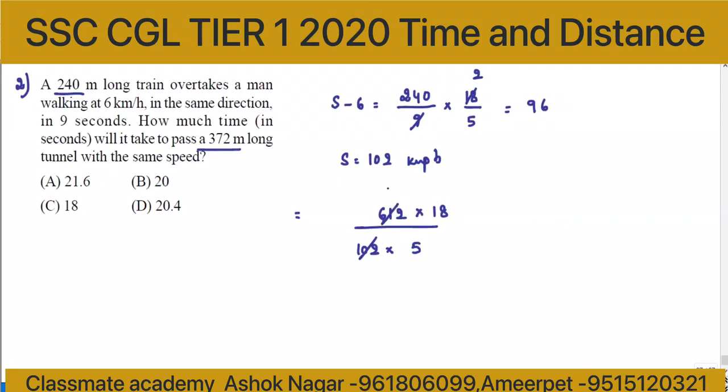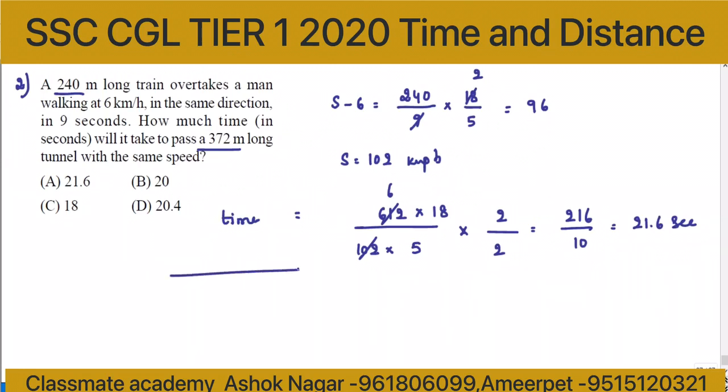Instead of dividing it by 5, I usually multiply it by 2. 12 into 18 is 216 divided by 10. Can you tell me how many seconds it takes? 21.6 seconds. Time to cross the tunnel: when it crosses the tunnel, it is also crossing itself. So it should be very quick in conversion.